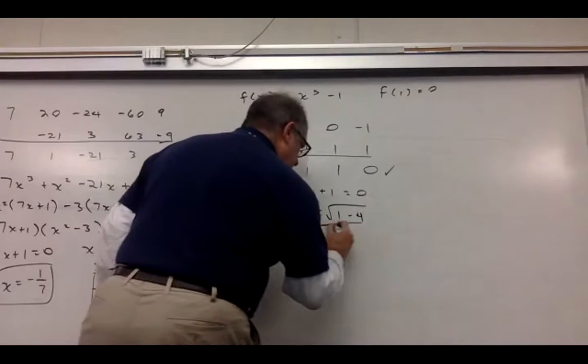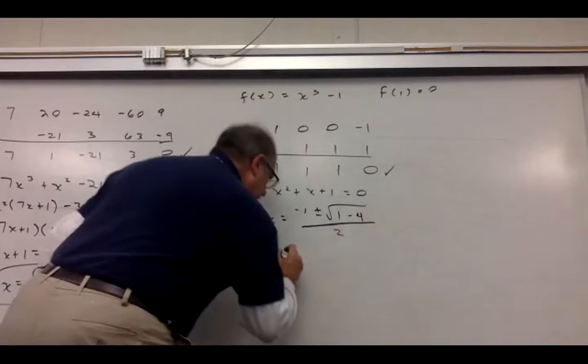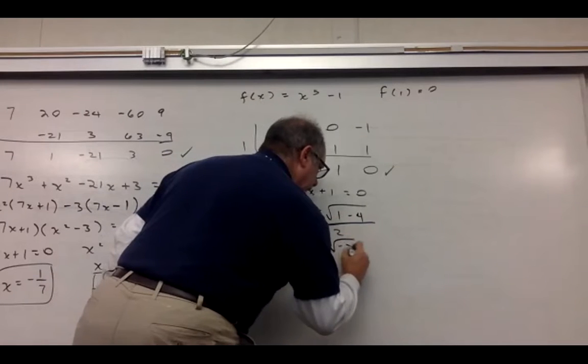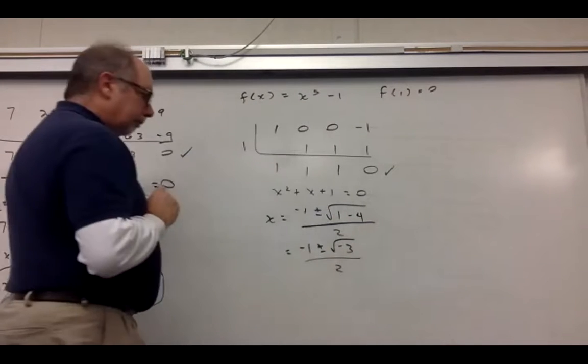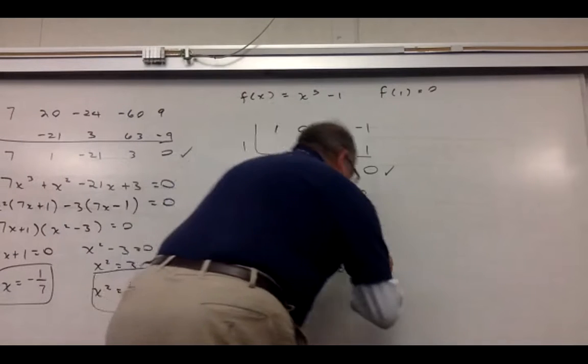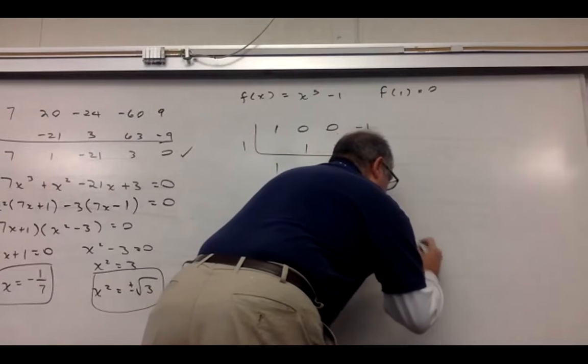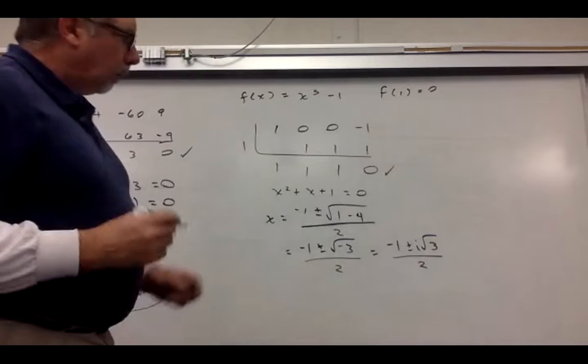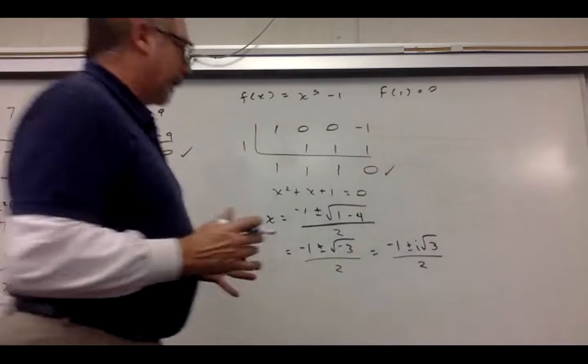Okay, well, at least the arithmetic isn't too bad. I get -1 plus or minus the square root of -3 all over 2. The square root of -3 is i root 3. So it's going to be -1 plus or minus i root 3 over 2, which actually I'll accept that.